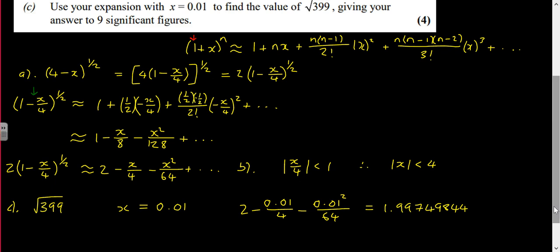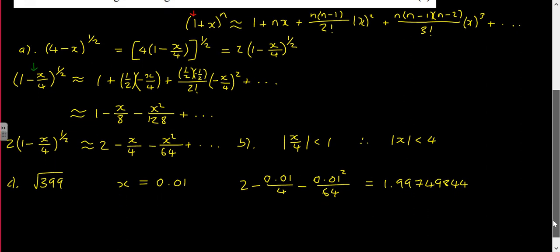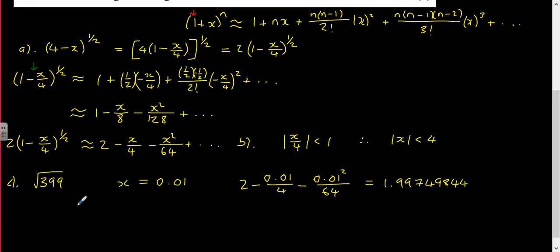So there's one other little thing that we can do using this x equals 0.01. Using x equals 0.01, we can work out this 4 minus x to the power of a half, right? So we can say that's going to be 4 minus 0.01 to the power of a half, which is going to be the square root of 3.99.